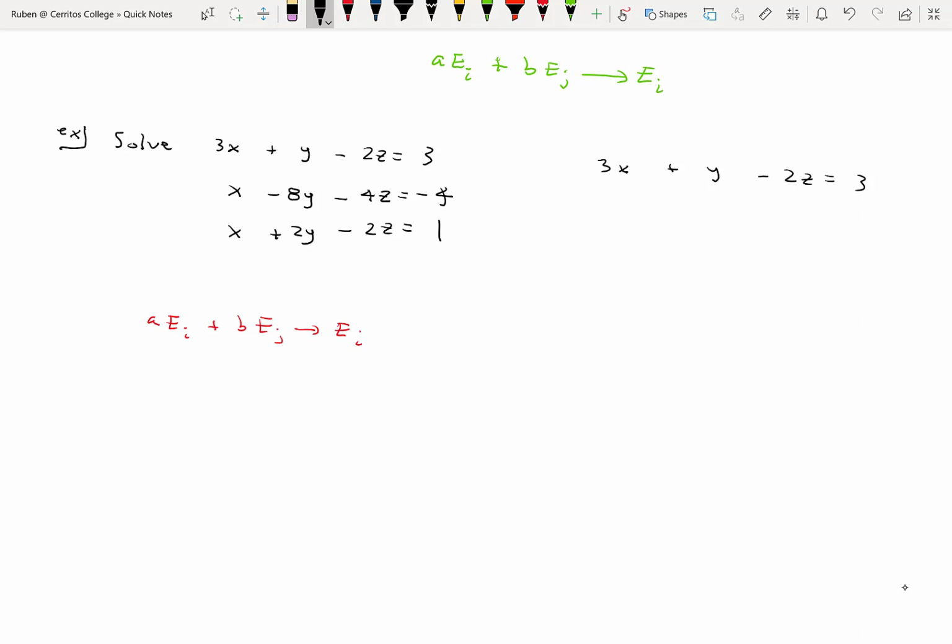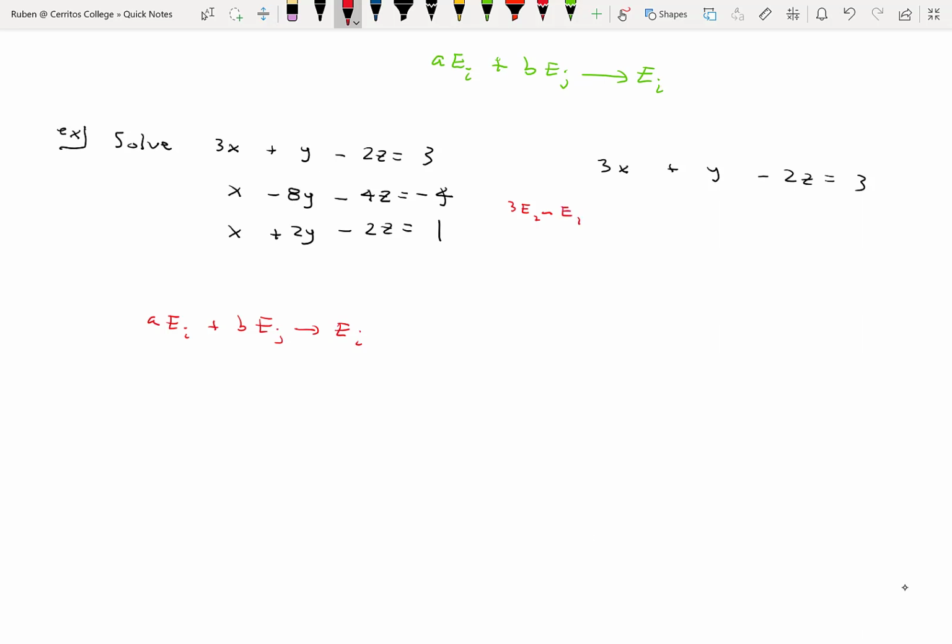So what I'm going to do is take 3 times the second equation, so 3 times e2. That'll give me 3x in the position of x in the second equation. And I'm going to subtract the first equation, e1.